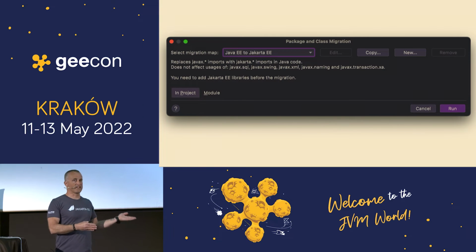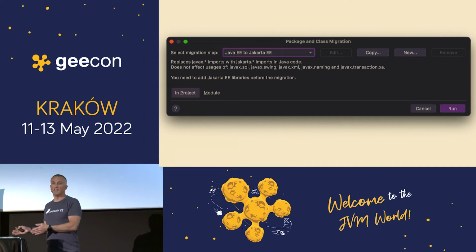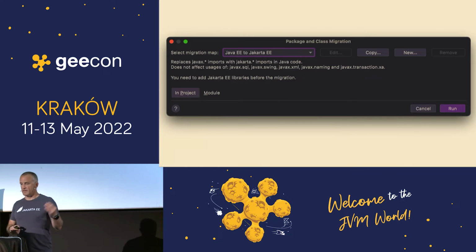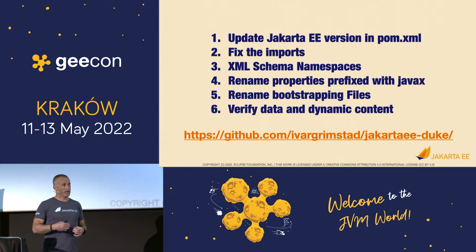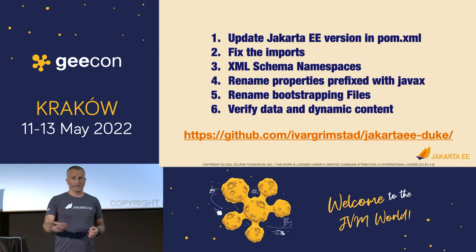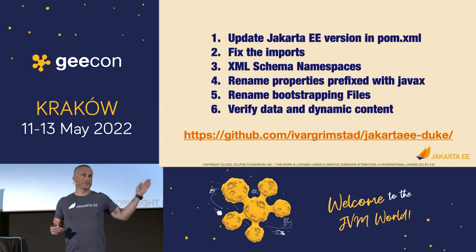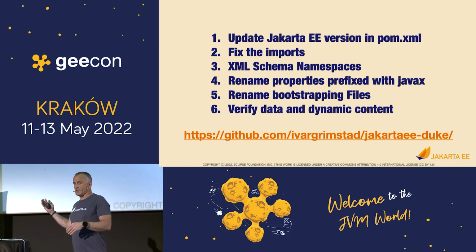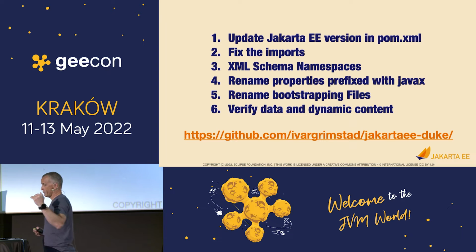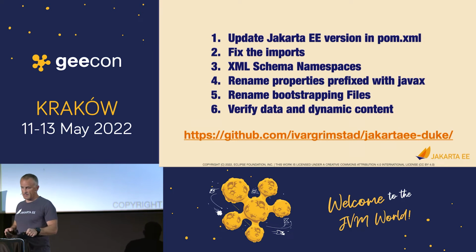It's really about Jakarta EE 8 to Jakarta EE 9, but it works fairly well, and I'll actually use that in my demo. I can also do every step manually, and the IDE will do the first two steps for me, and I update the POM file with a new version and fix the imports. But there are other things that I have to keep in mind as well, and I'll go through all of these step by step in the demo.